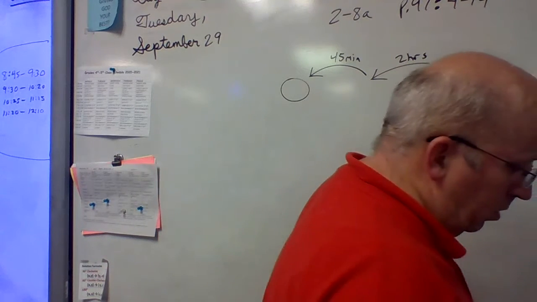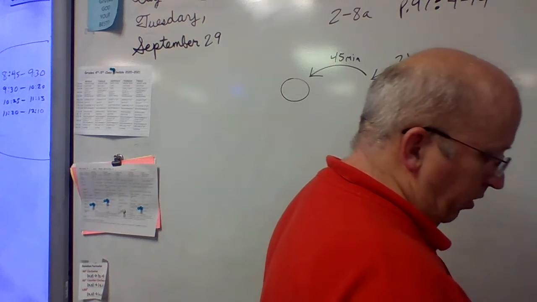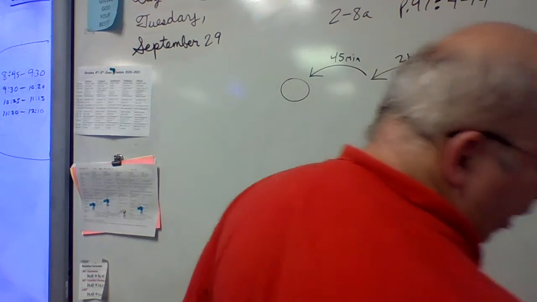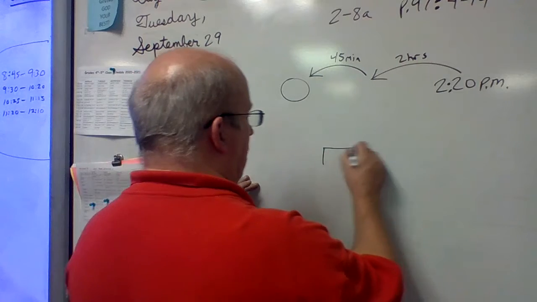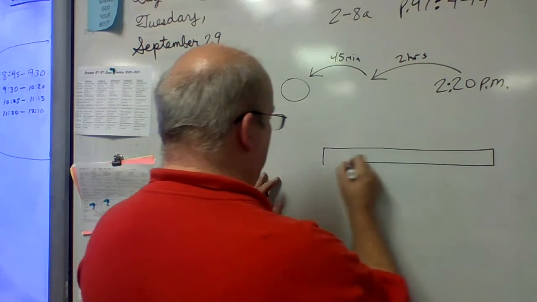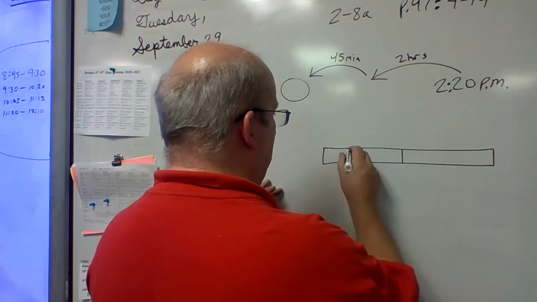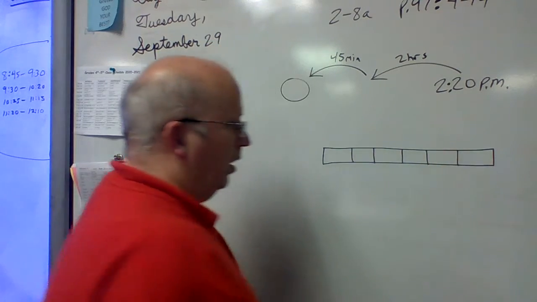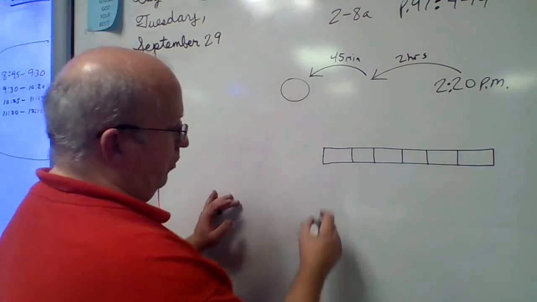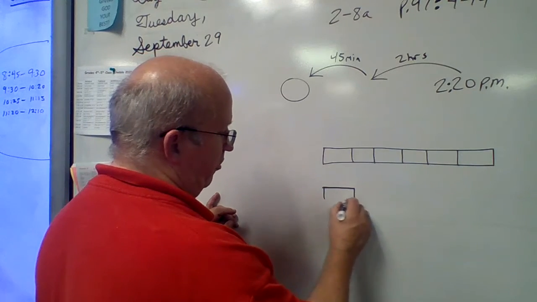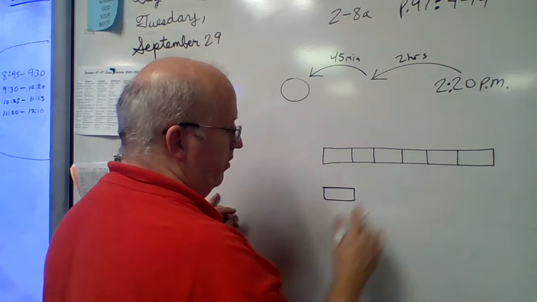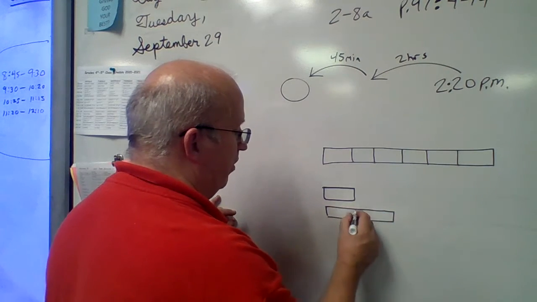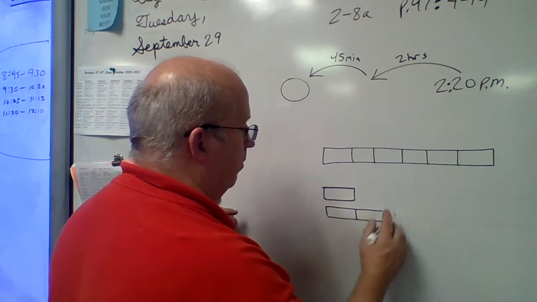Number 7. What is the total number of rectangles of any size in the figure below? Of any size. Now that sometimes trips people up until I show them something. This is a drawing of what you have in your book. What I say to people is, first of all, figure out how many rectangles there are of this size in this shape. Then figure out how many rectangles there are of this size in that shape, right?